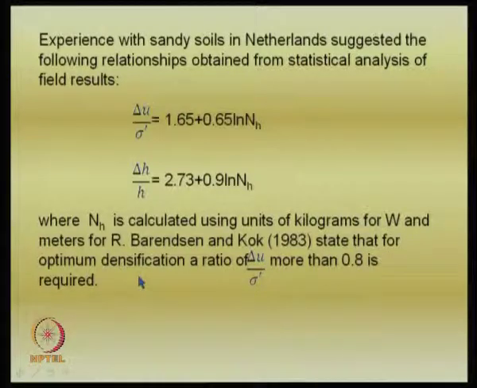If you want a good densification ratio, for good compaction it should be about 0.8. So, one can get what the NH value should be.